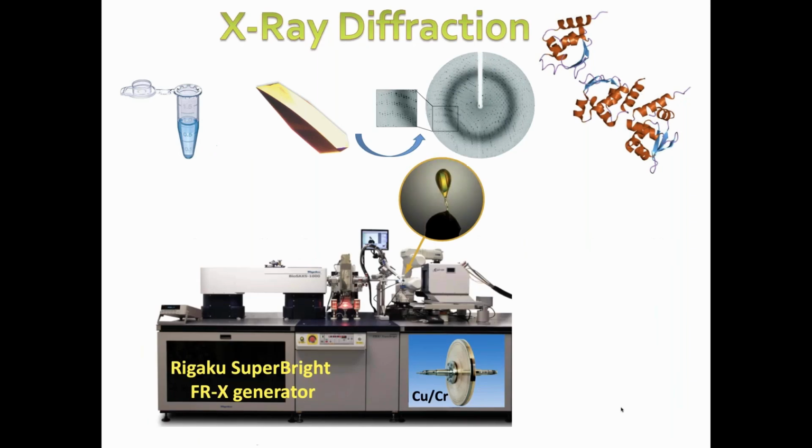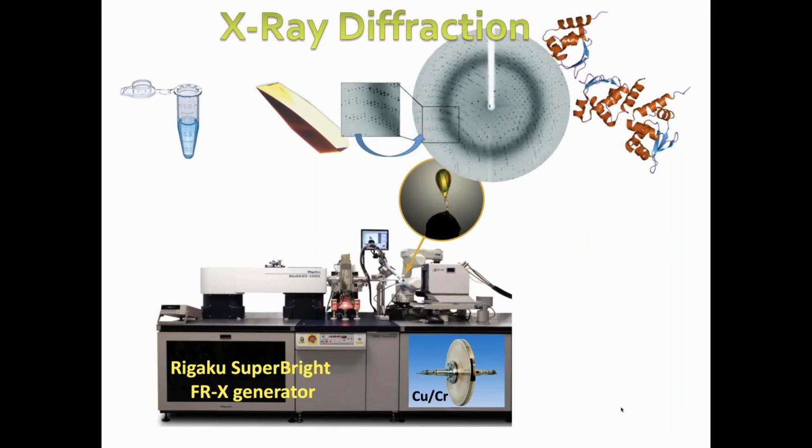Besides that, we have the heart of the unit, where we have an X-ray generator by Rigaku, the X-ray system. Once we have suitable crystals, which sometimes we have to enlarge using seeding and crystal handling techniques, we load either manually or with our robot, which can automatically mount crystals on our FRX system.